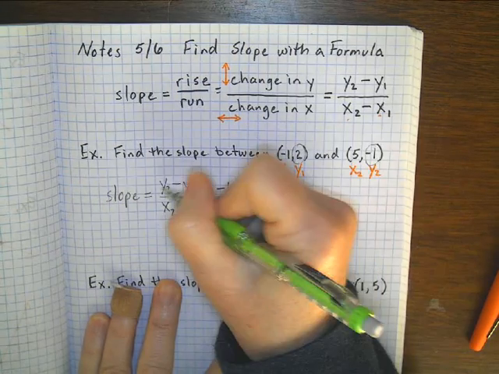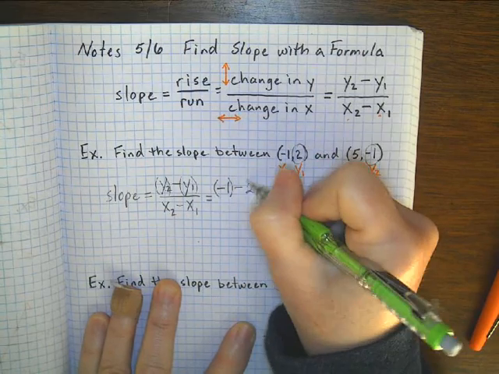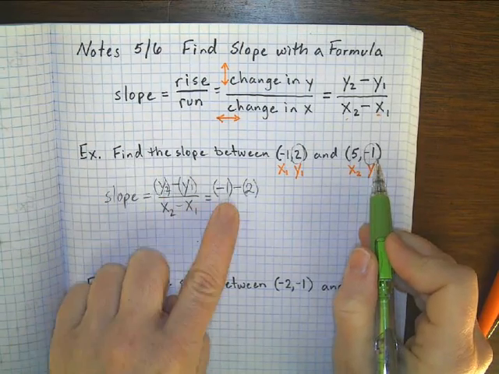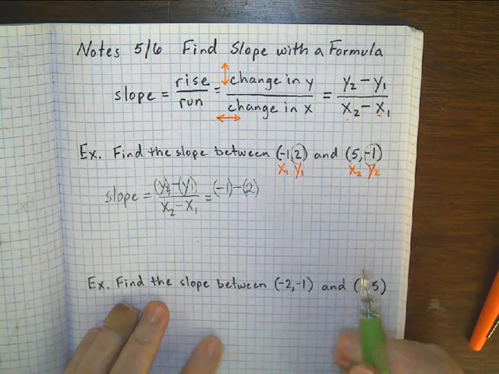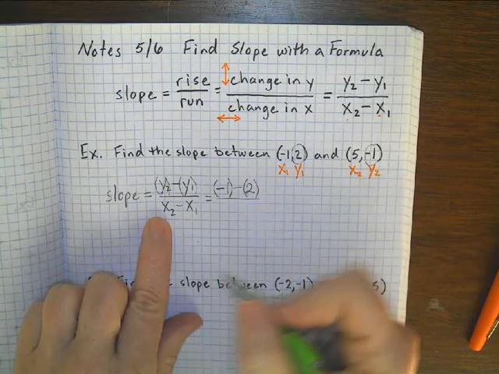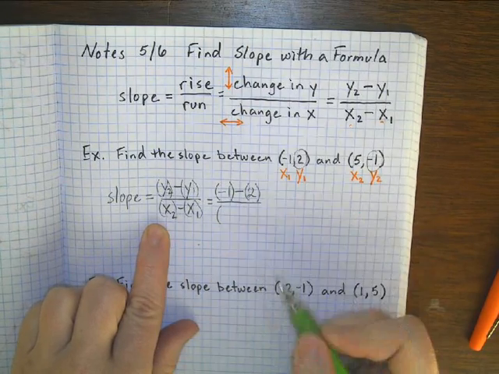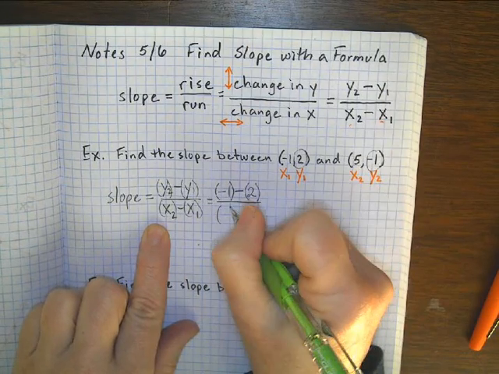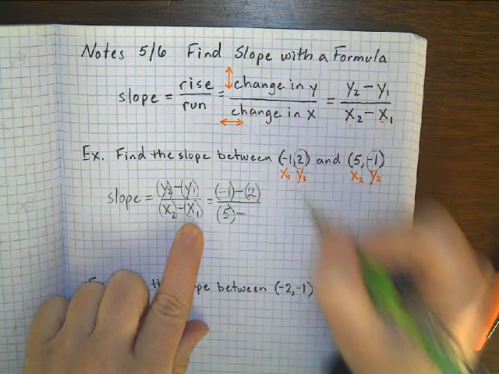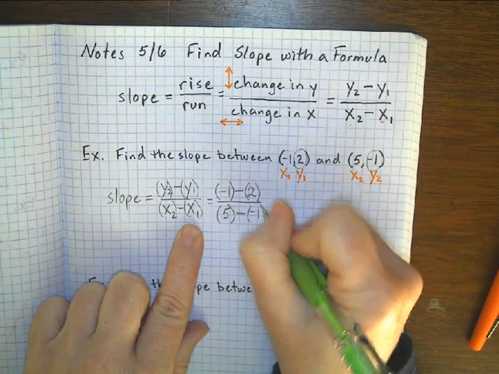So we could do that in parentheses also to make it more clear: second y value minus the first y value. And then on the bottom, I'm going to put it into parentheses, the second x value. Where's the second x value? That's this one. Minus the first x value. Here's the first x value. So I'll put that into parentheses.